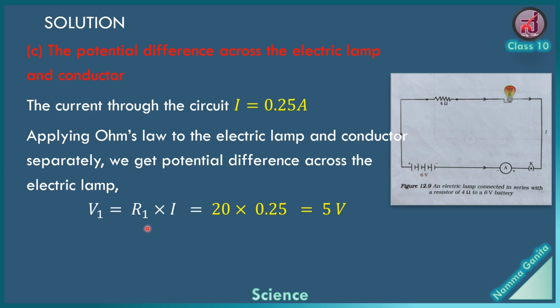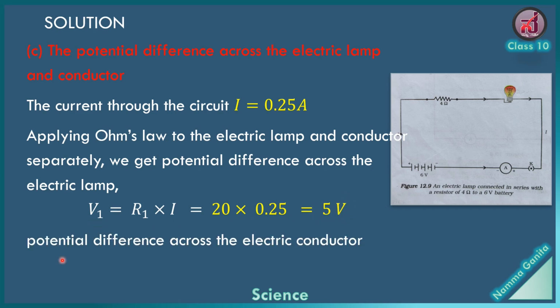V1 is equal to R1 into I. Substitute the values, that is equal to R1 20 ohm into I 0.25 ampere. 20 into 0.25 is equal to 5 volt. The unit of potential difference is volt. There is 5 volt.